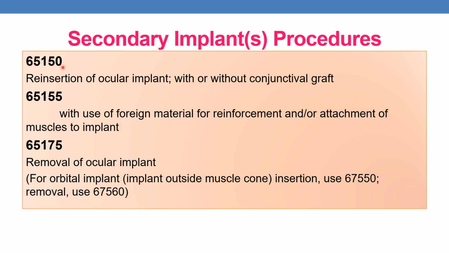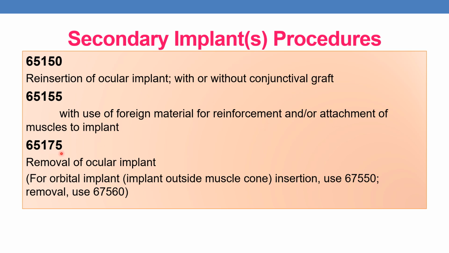The next is 65150, reinsertion of ocular implant with or without conjunctival graft. The next is 65155, reinsertion of ocular implant with use of foreign material for reinforcement and or attachment of muscles to the implant.